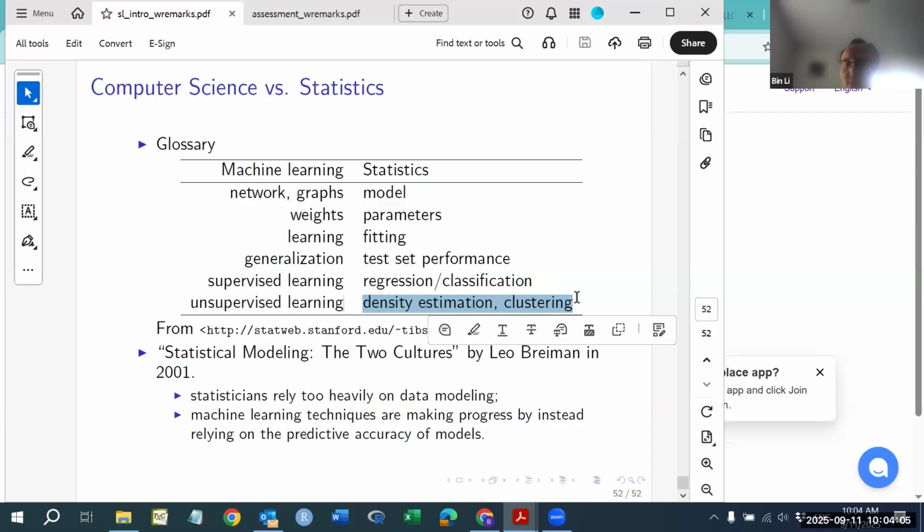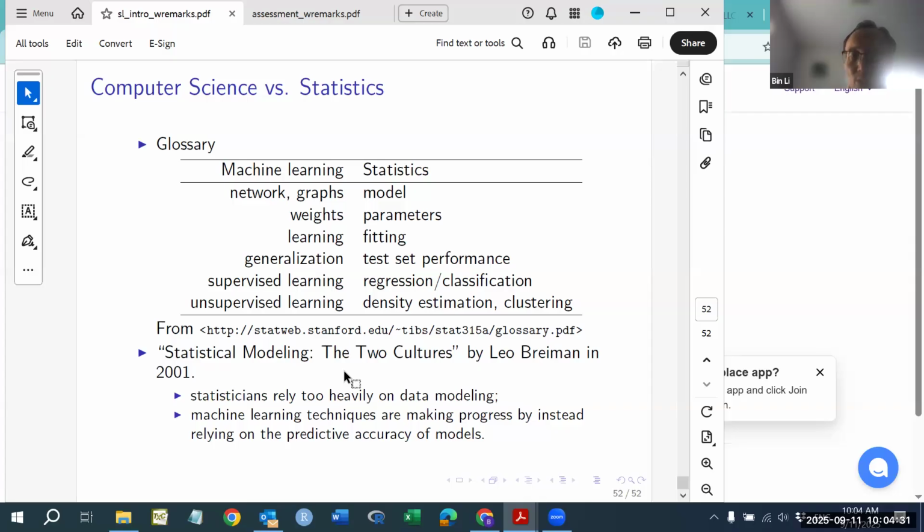Okay, so that's the different language that people use in these two fields. And a paper which is highly recommended if you have time to read it, that I mentioned last time, is Statistical Modeling: The Two Cultures by Leo Breiman. This is a very good paper, not technical, and easy to understand.